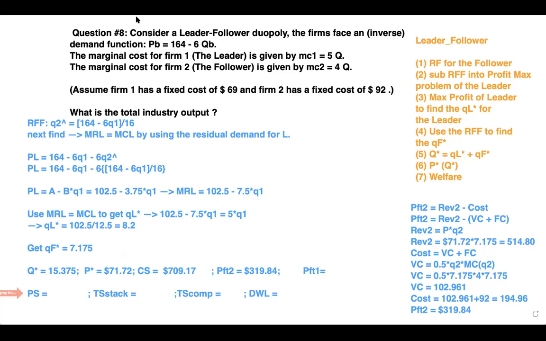So you should expect that whenever you get any question like a cartel monopoly question, a Cournot question, or a leader-follower question, the information in the prompt for constructing the competitive equilibrium is always going to be there. And you're going to be asked to compute it at some point, either implicitly, like we're doing here by computing deadweight loss, or explicitly.